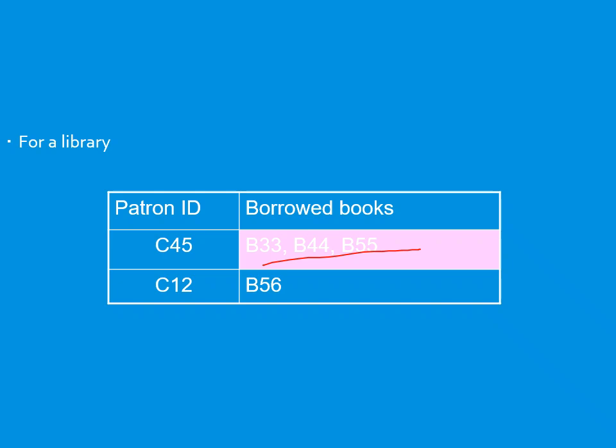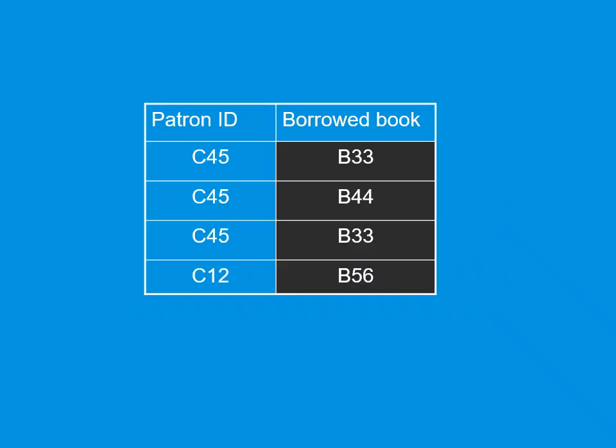So according to the first normal form, the column borrowed book should contain only one value. No multiple values are allowed. So the same table can be converted into three separate rows.